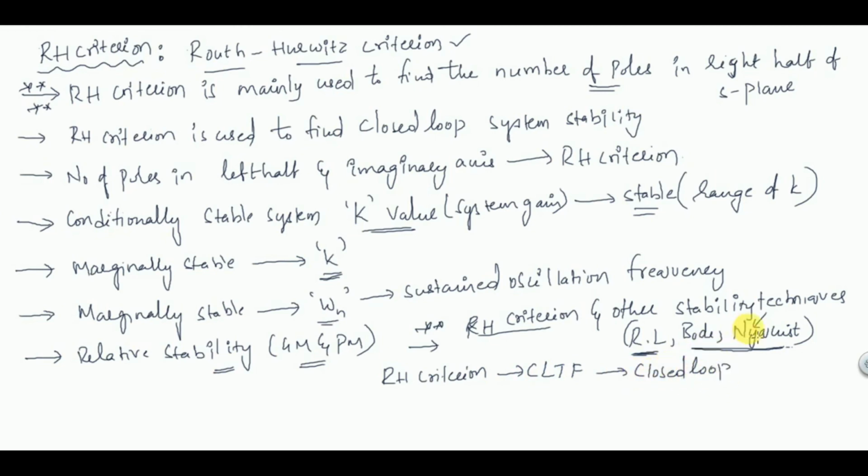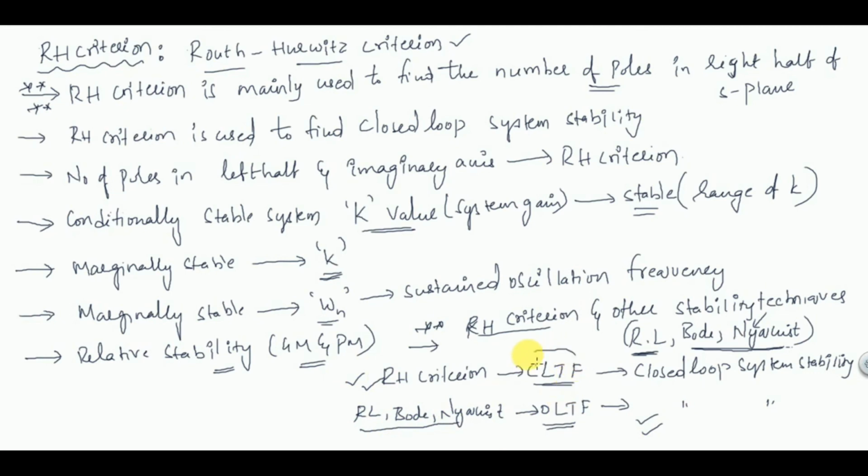All other techniques like root locus, Bode plot, Nyquist plot use the open loop transfer function to find the closed loop system stability, but only RH criterion uses the closed loop transfer function.